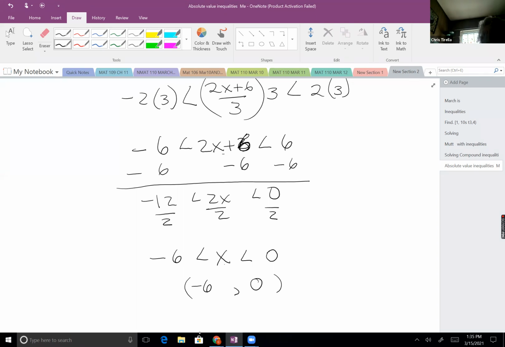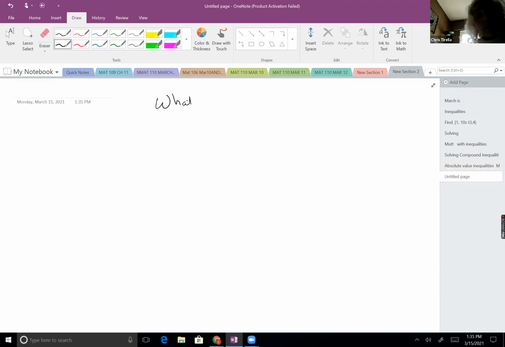So if I'm solving where an absolute value is less than a given quantity, I'm going to rewrite that as a compound inequality. What if the absolute value of x, instead of being less than a number, is greater than a number? For example, what if I have the absolute value of x is bigger than 2?